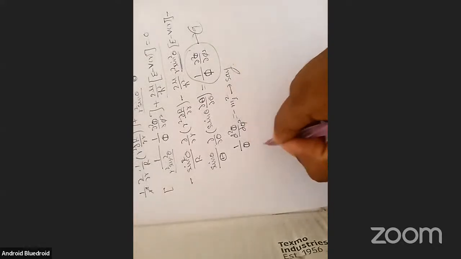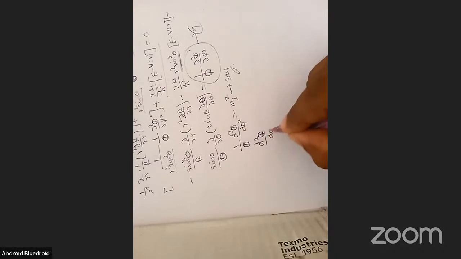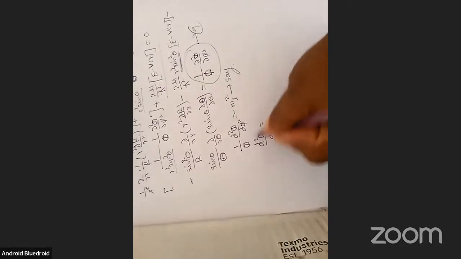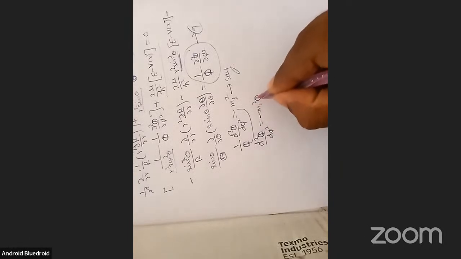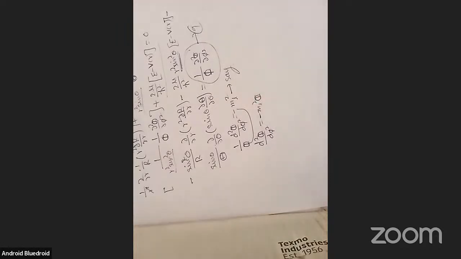Next, the d square Phi value is common here. Cross multiplication: d square capital Phi by d phi square is equal to minus m_l square capital Phi.